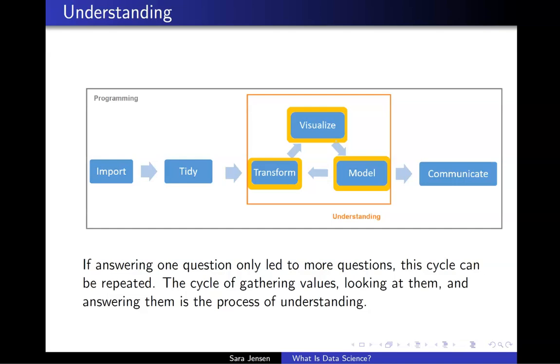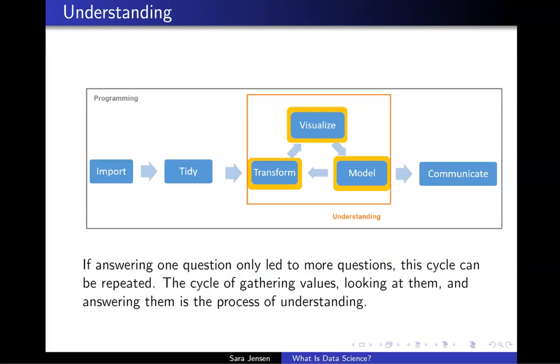Now, this is a data science course, and anyone with a history in science will have experienced the phenomenon of answering one question only to have 7 more. This is true of data science as well. It is often the case that once you've put all the effort into transforming and visualizing your data and trying to answer one question, you'll start to notice more and more things and become inspired to ask further questions.